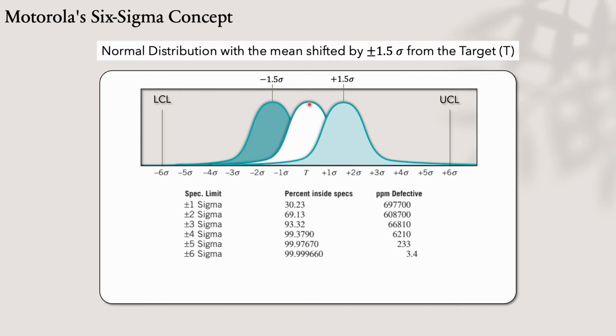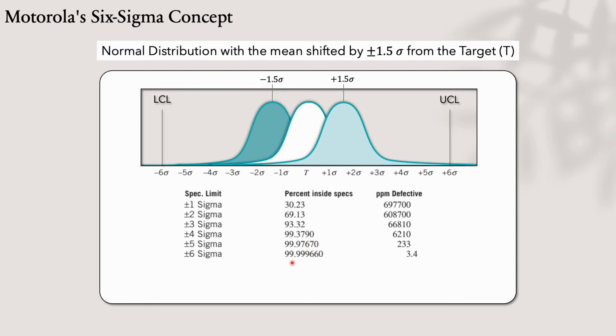So this is the actual one, the ideal one, but it fluctuates as the performance of the system approaches 6 sigma. Then the percentage of the data inside the acceptable specification limits is this one. It means that the percentage of the products inside the acceptable specification limits has changed.